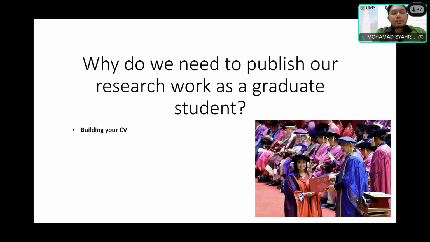And first, building your CV. Yeah, if you plan to be an academician one day, it starts with publication. So during the postgraduate journey, just enjoy the journey and do publish the findings that you got from the field.